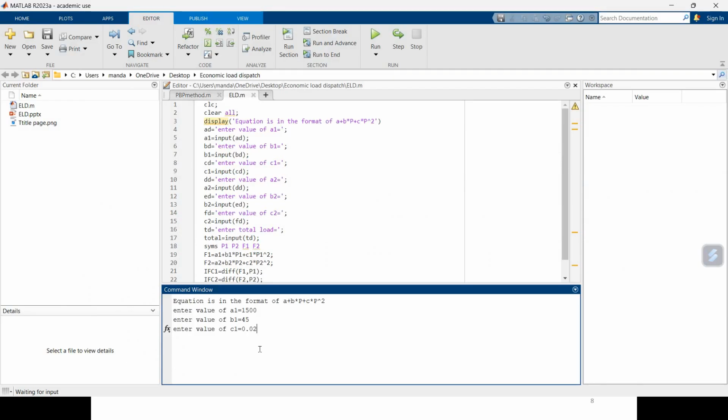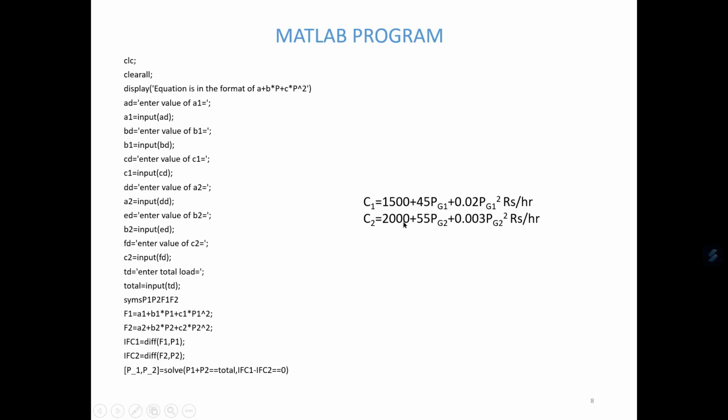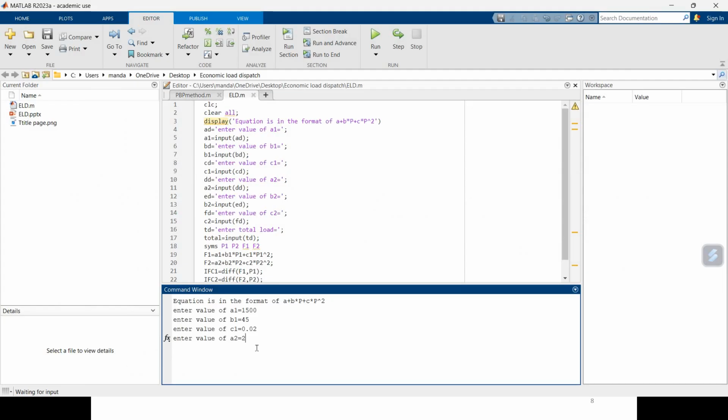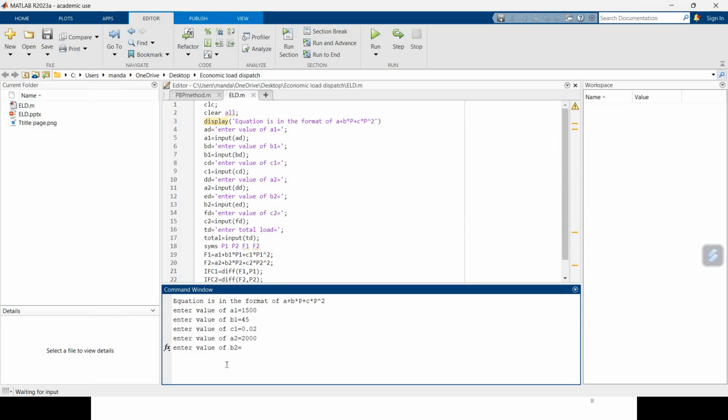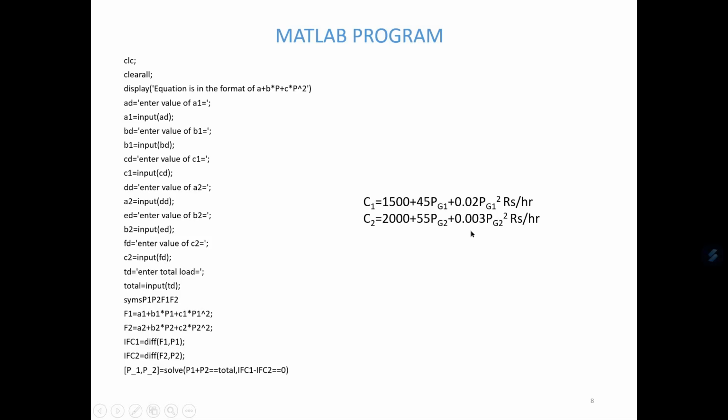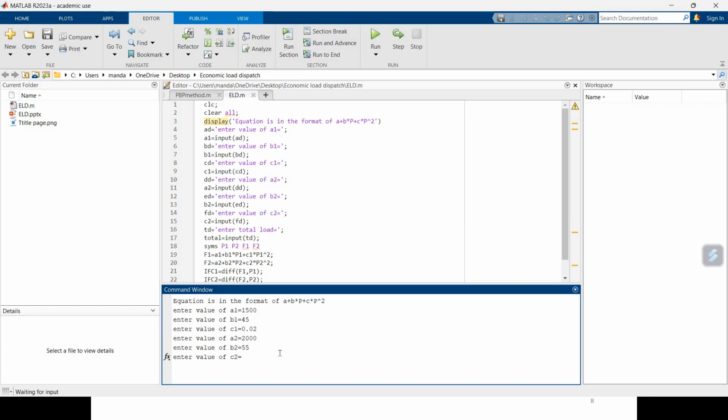It will ask the value of A2, that is 2000 for generator 2. Enter. Value of B2 is 55. Enter. It will ask for the value of C2, that is 0.003. Enter. Then it will ask for the total load, which is 2000 megawatt. Then enter, and it will give the answer for the values of P1 and P2.